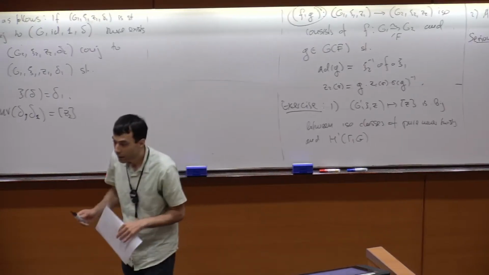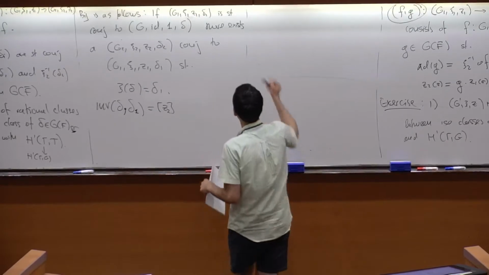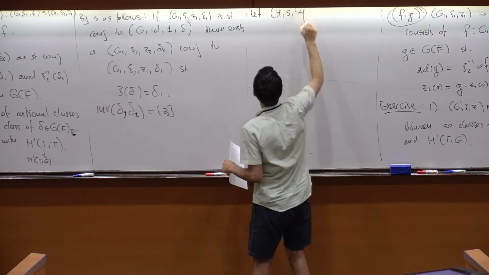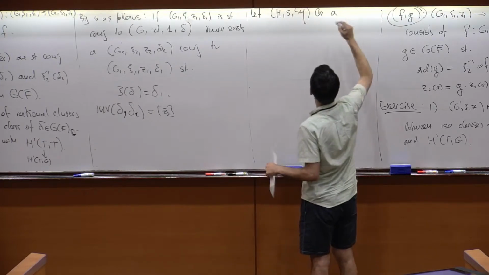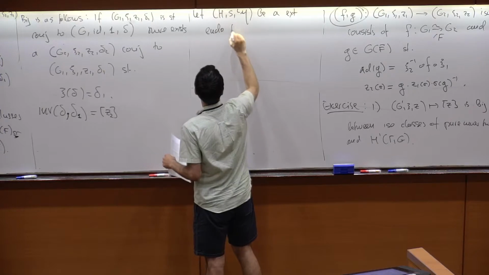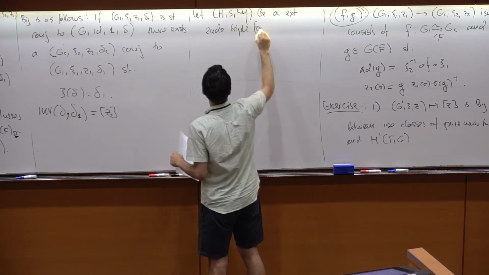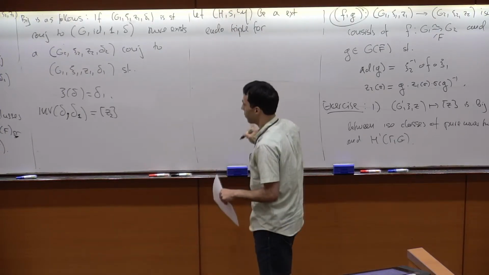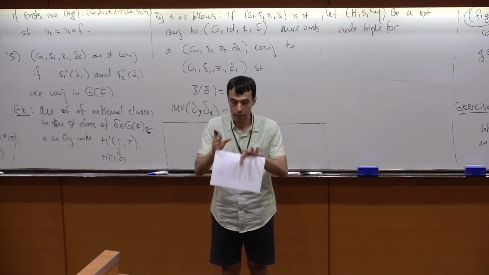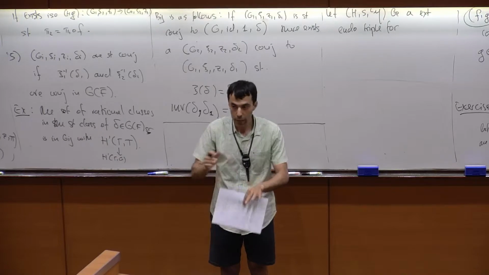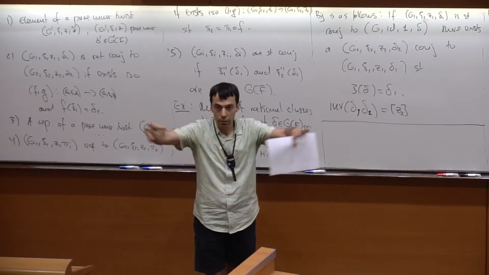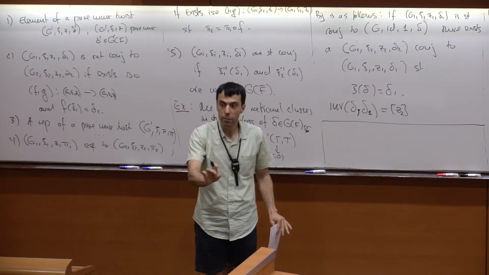So yes, let now H, s, L, eta be an extended endoscopic triple. Okay, so now I'm going to fix a quasi-split group. Now, part of the theory of reductive groups says in every inner class there is a unique quasi-split form.